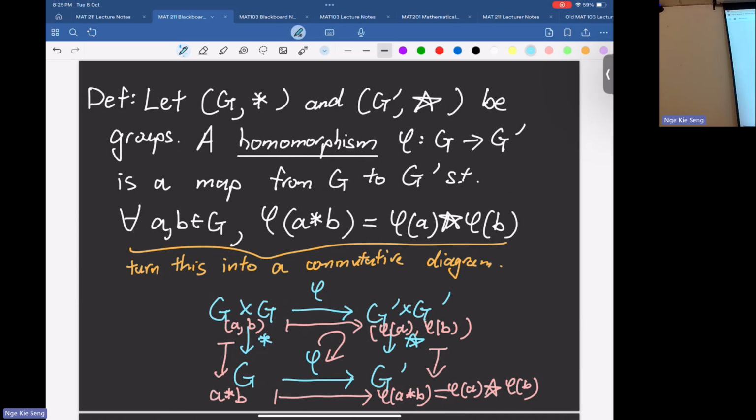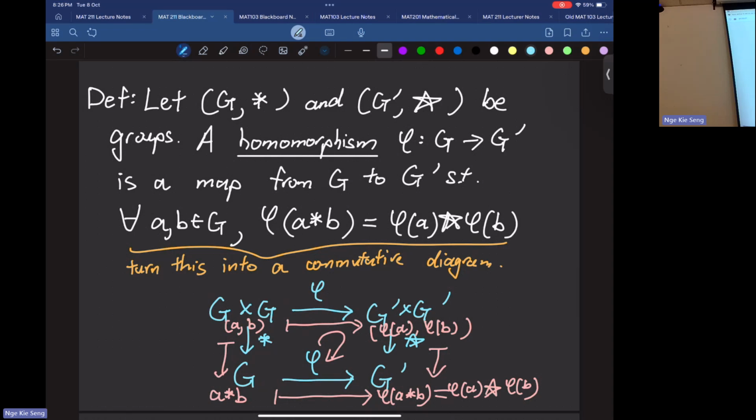But for the purpose of your assignment, you can straight away use that Sn is isomorphic to the group of permutation matrices. Then you can use what you know about linear algebra to prove that, under this isomorphism, every permutation matrix can be written as a product of transposition matrices, or the swapping row matrices.